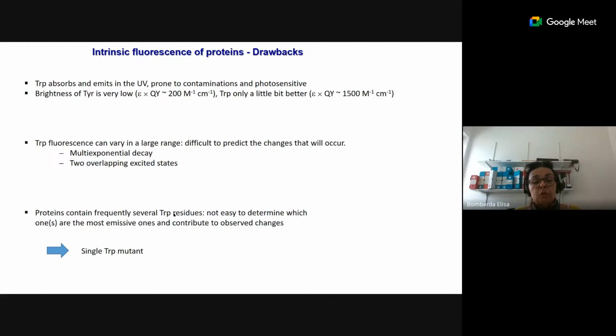And so we were seeing some examples in the lecture until now of what can be done to distinguish them. One option is to mutate the protein in order to leave maybe only one tryptophan and then to change the position of this tryptophan along the sequence. That could be a possibility. Another possibility is to make an effort in the analysis, like we saw, to distinguish between the lifetime contribution of one tryptophan and the other.